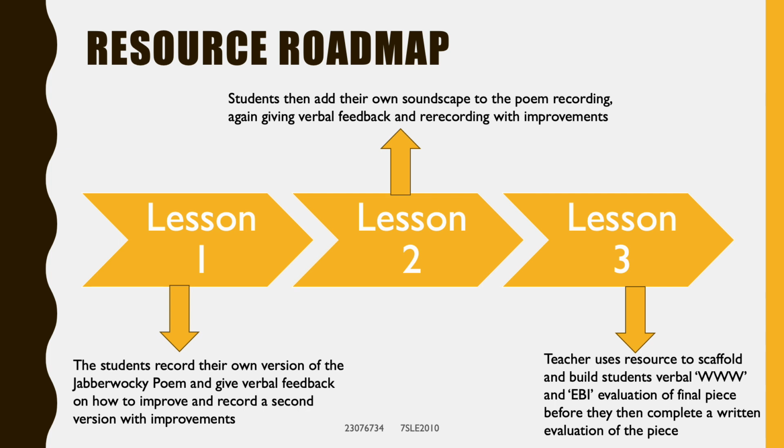They give verbal feedback and then re-record it with their improvements. In Lesson 2, they repeat this process but with a soundscape to give the poem more atmosphere, again giving feedback and re-recording it. Then, in the 3rd lesson, they listen back to the final edited recording of both poem and soundscape together and have to write an evaluation on their performance.